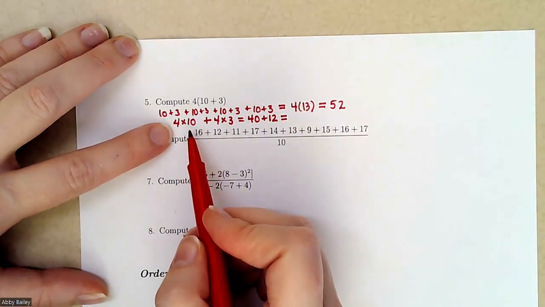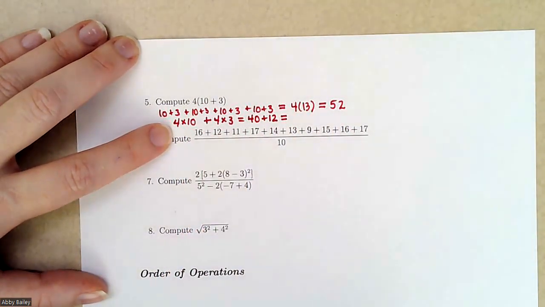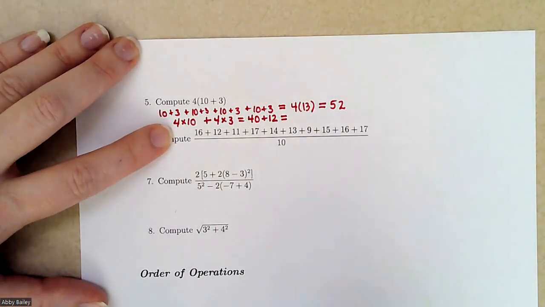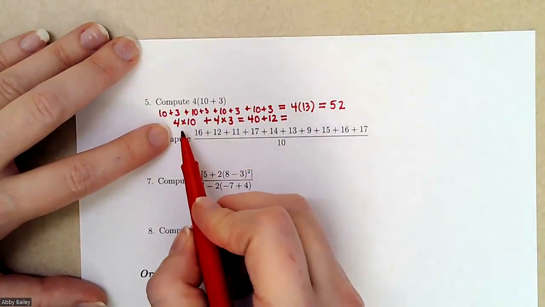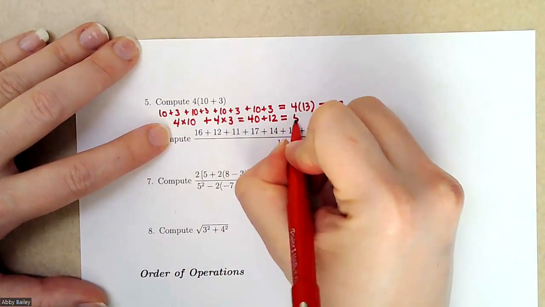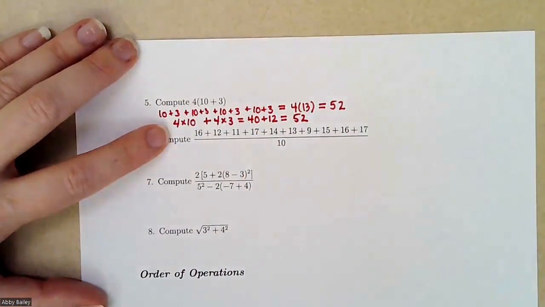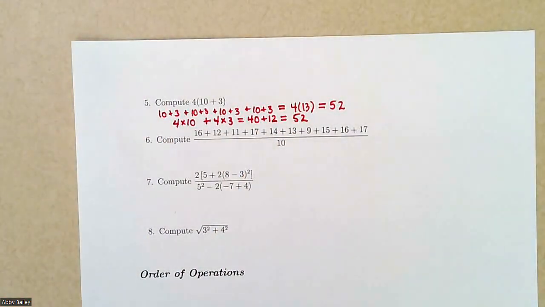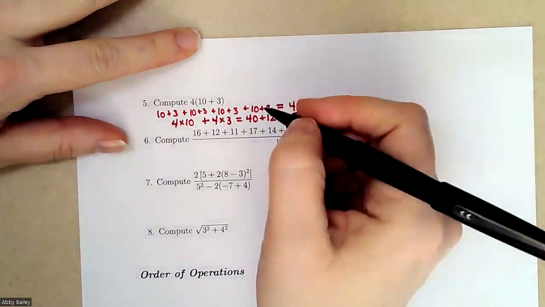So doing multiplication before the addition, like in example number 1, that would also be 52. So just to show how the distributive property helps us along here.